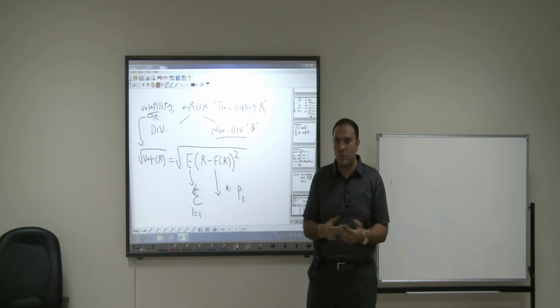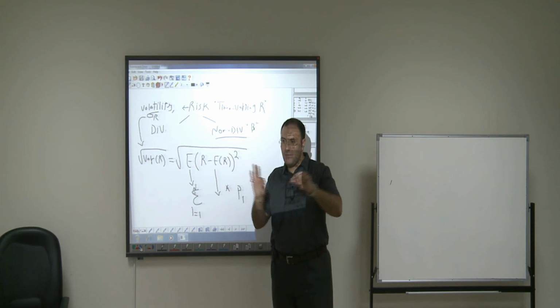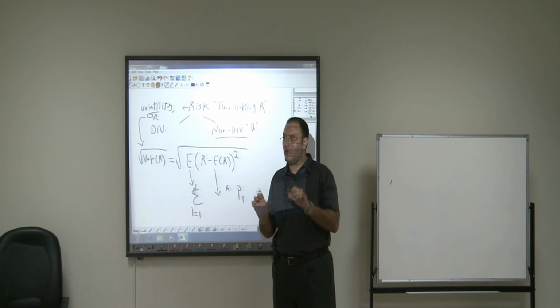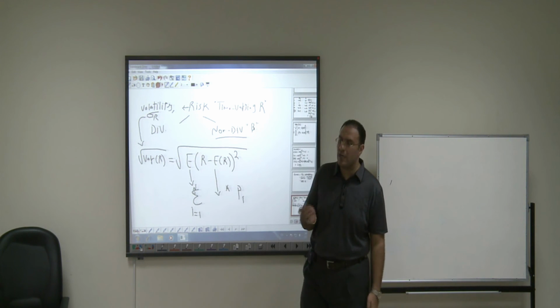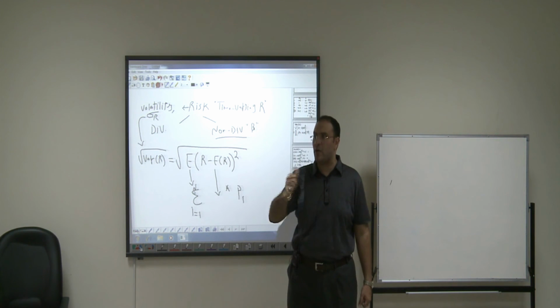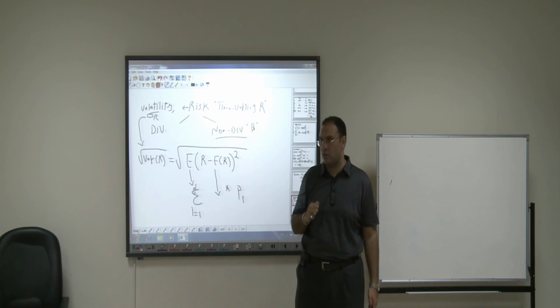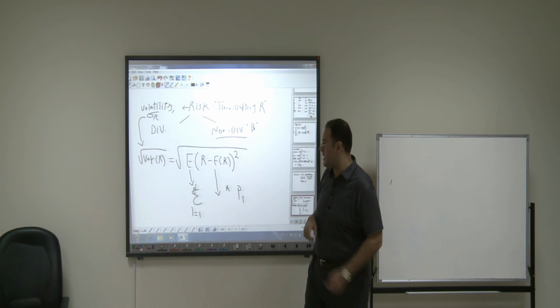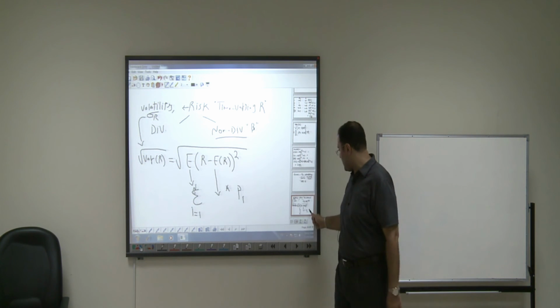So how can we correct for this problem? We think in terms of the distance squared, and after we're done, we take care of that square by taking the square root. So I hope this is clear.